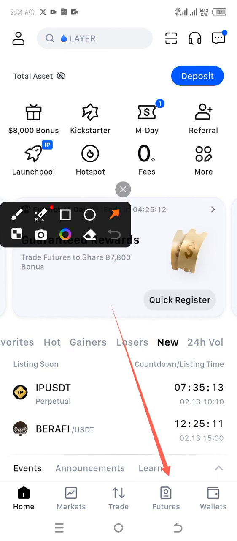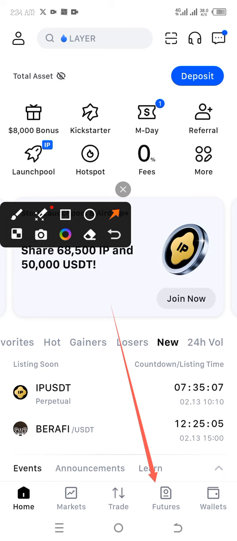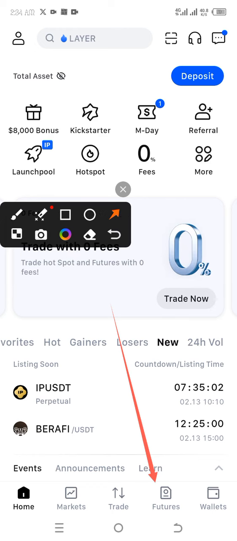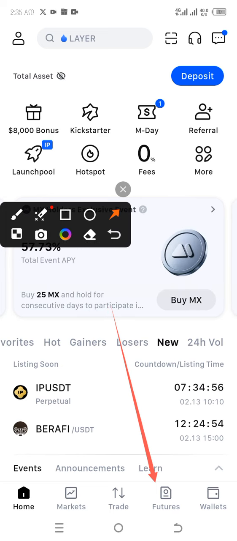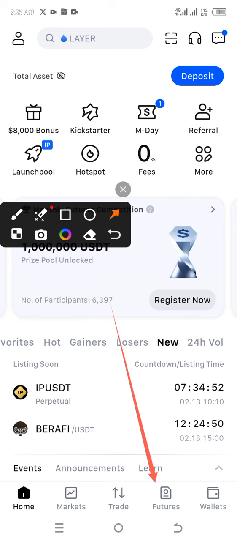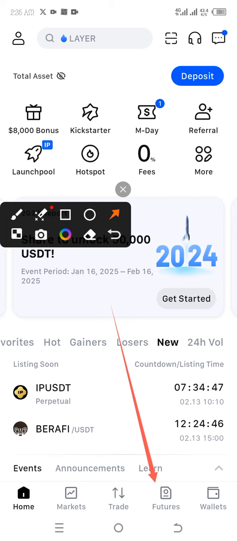Once I click on futures here, it is going to take me to futures. Firstly, I will send my money inside, and maybe I want to use 30 to $50 to trade it, but let me just put in $20. If you are using any account below $20, please be very careful and follow everything I'm going to say here.